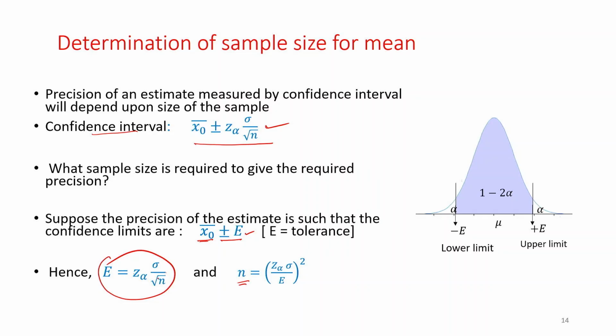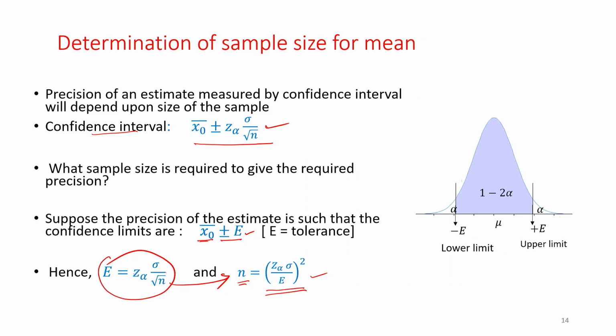Using the same equation, we can write n equal to Z alpha into sigma by E, whole square, because n is coming under root. This is how the sample size can be determined.